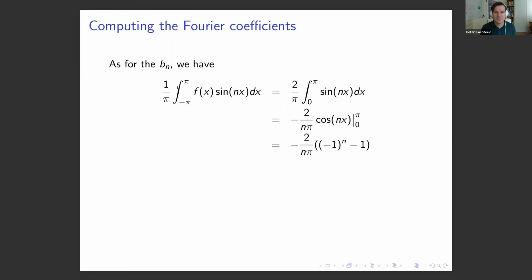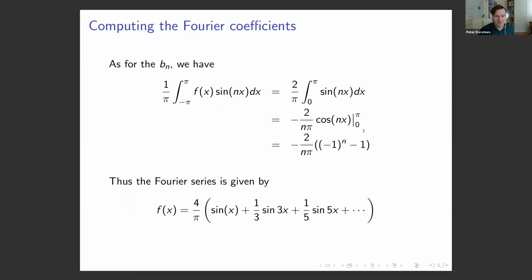Since f of x is just the sign, it's either +1 or -1. Since f is -1 when x is from -pi to 0, and +1 from 0 to pi, we can convert this integral into a double integral from 0 to pi of sine nx, and the antiderivative of sine is negative cosine, and then between 0 and pi, we'll get this answer.